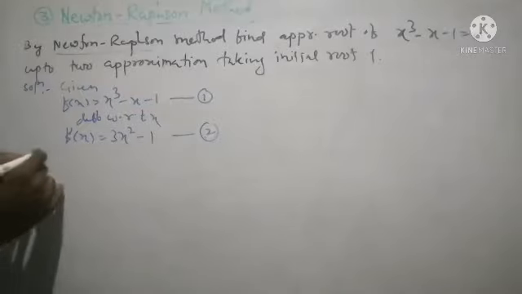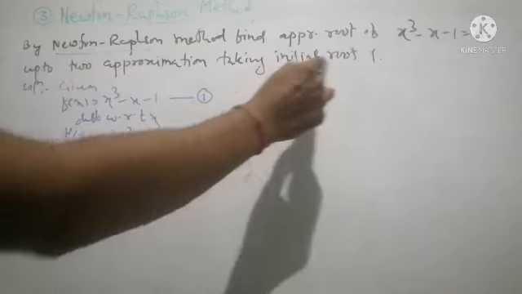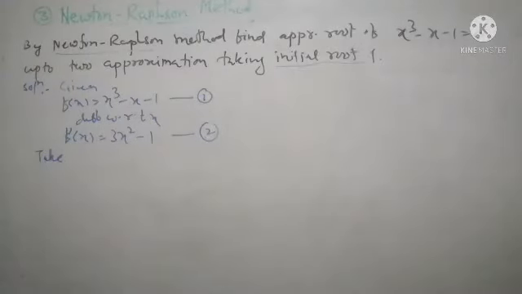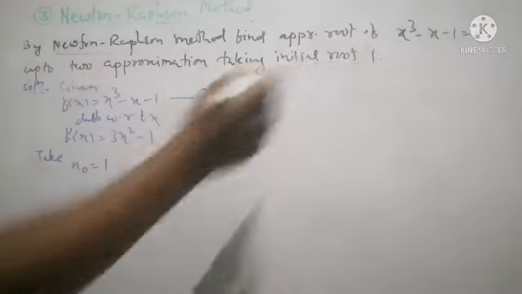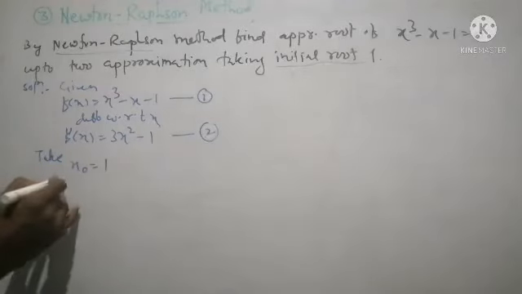Now, as we are provided the initial root 1, we need not define the interval in which the root lies and take one endpoint as the initial root. Instead, we take the initial root x naught as the given value 1. To find x1 we need x naught, f of x naught.